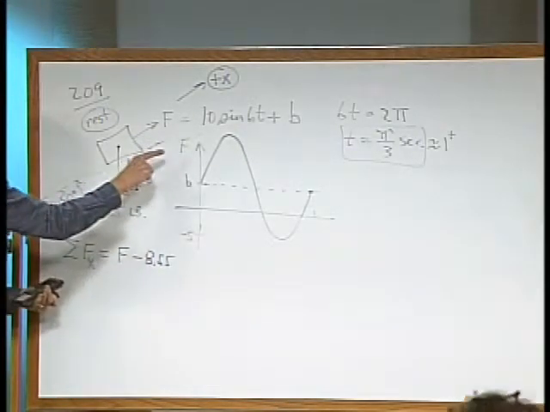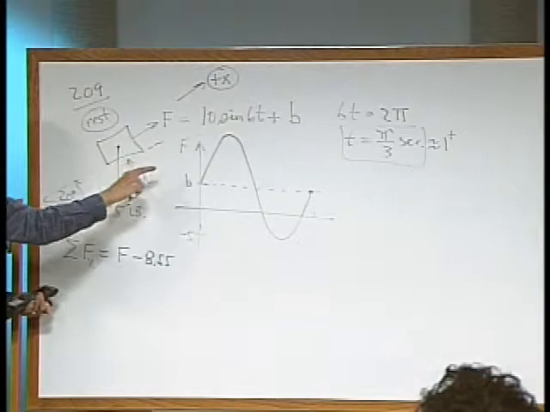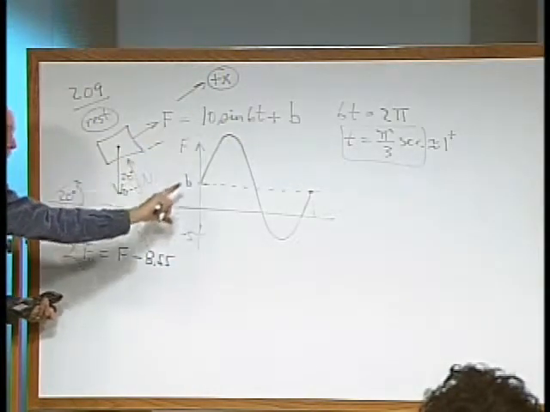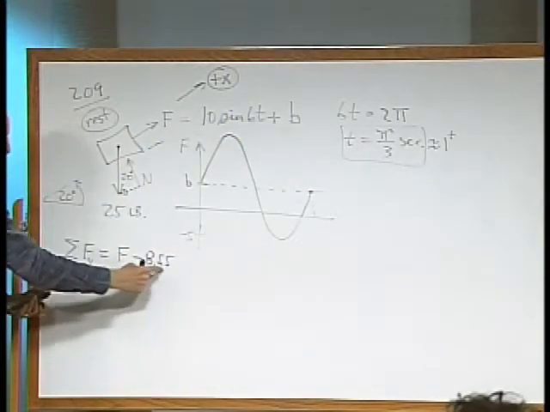So we would do what to this picture? We would take that graph and shift it down by the amount 8.55.